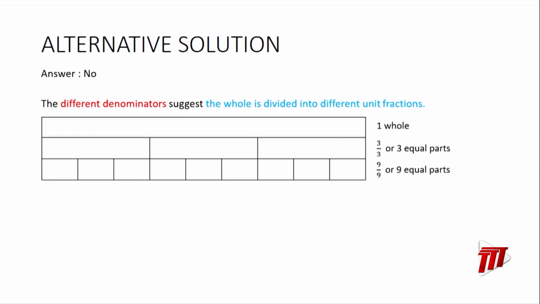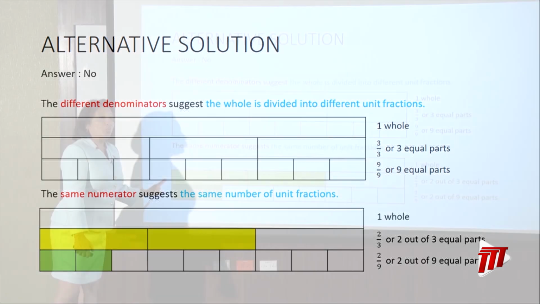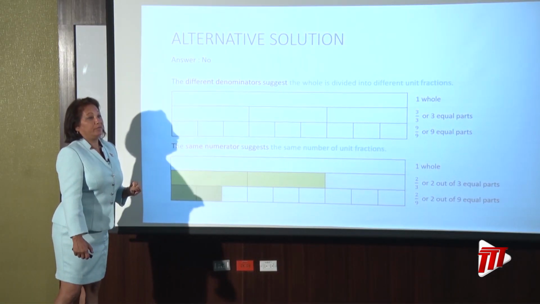So my denominator gives me an idea of how many equal parts I have divided my whole into. The numerator suggests the number of those unit fractions that you are counting. So if I am counting 2 of those fractions, I would say 2/3. If I'm counting 1 of those fractions, I would say 1/3.